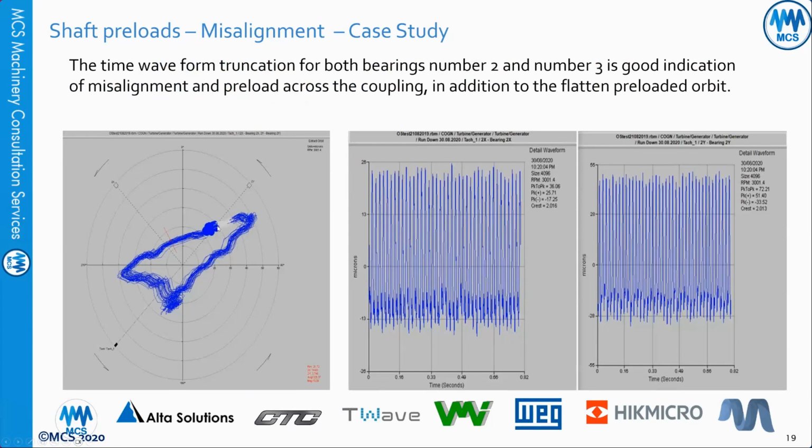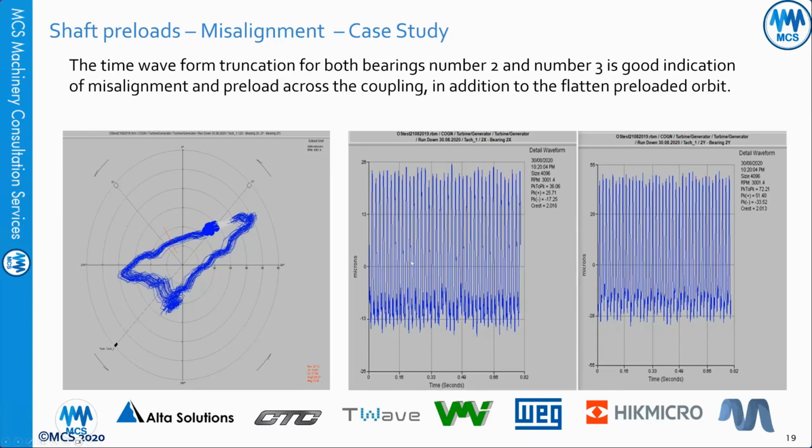We have from blank to bright, and this is the direction of rotation, so we have a forward precession orbit, but you can see how flattened the orbit is because of the motion restriction. You can consider it some sort of D shape, so we might have some sort of rubbing because of the high preload, and we have a flattened orbit.